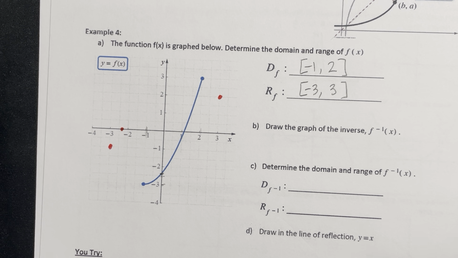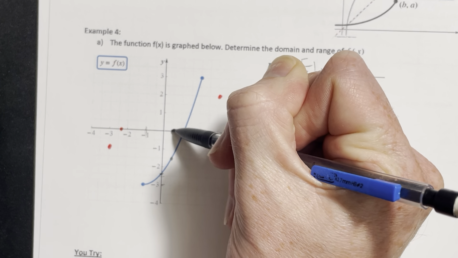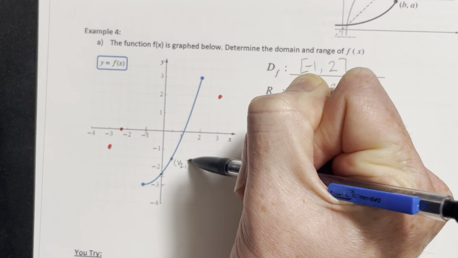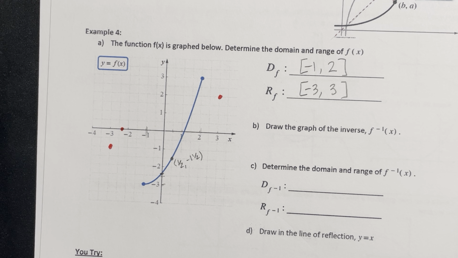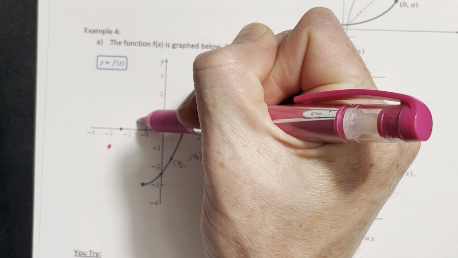We can continue to find more points. This looks like there's a point here at (1/2, -1.5). So if I do the inverse, we would be at (-1.5, 1/2).